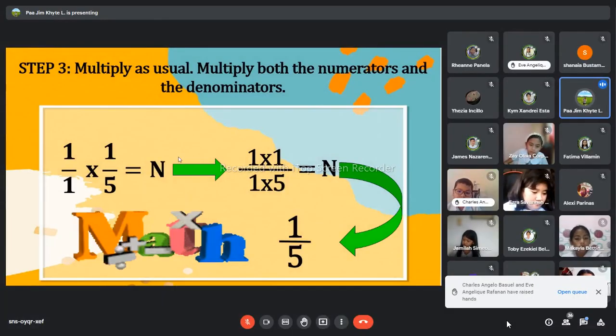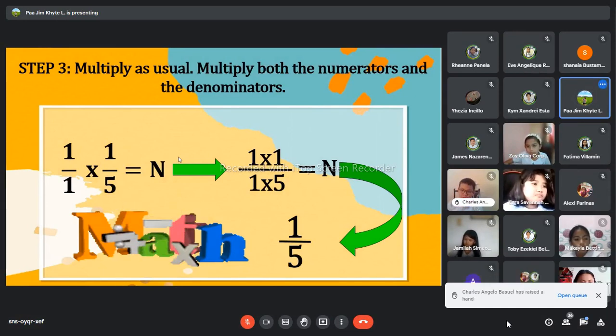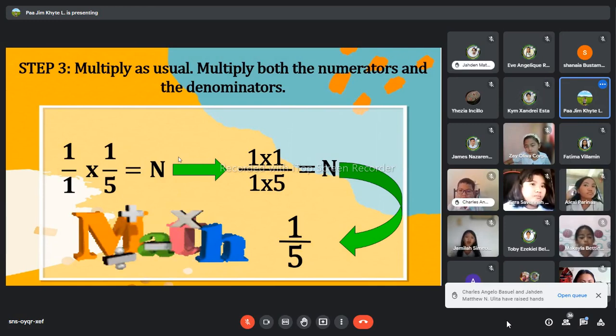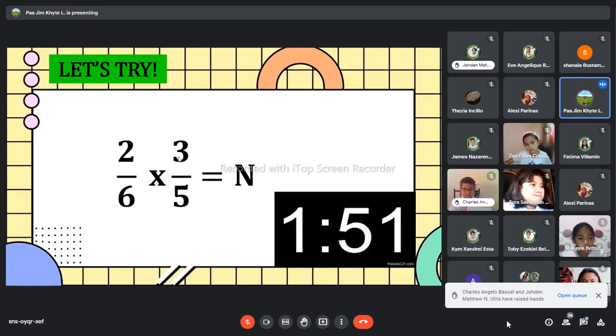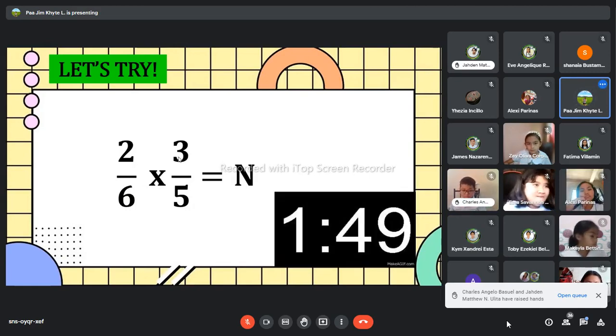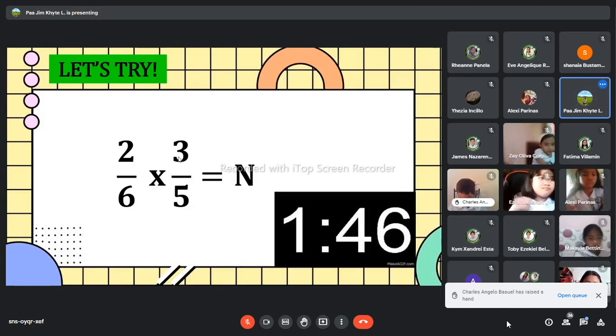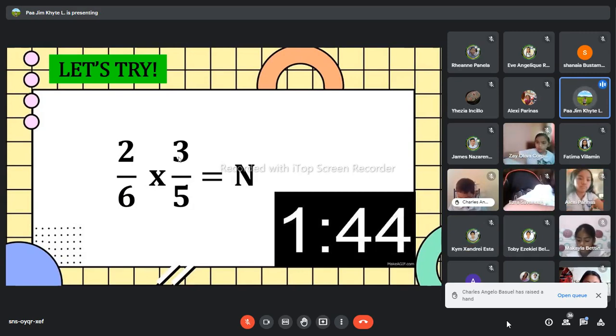So 1/1 times 1/5 is equals to 1/5. So let's try the following equation. 2/6 times 3/5 is equals to n. You have 2 minutes to answer that.